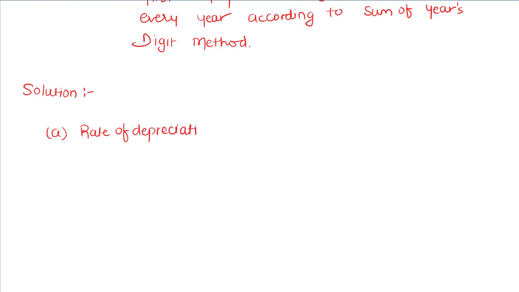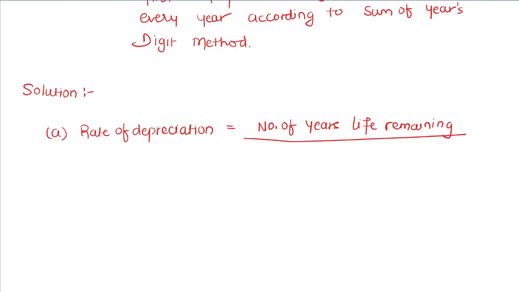Rate of depreciation equals number of years life remaining divided by sum of year digits multiplied by 100.